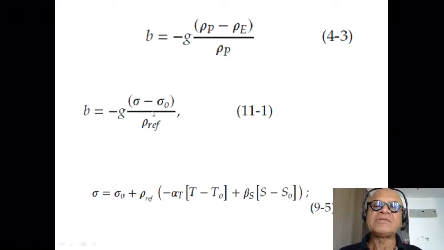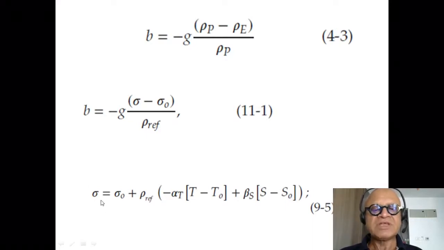So we can write it in terms of sigma, because rho is written as rho ref plus sigma, you remember. So buoyancy in that case is minus g times sigma minus sigma naught, divided by rho ref. Sigma naught is the background environmental sigma here.